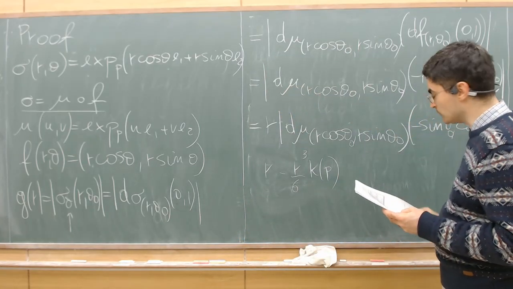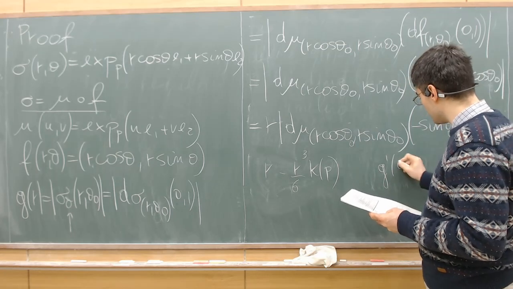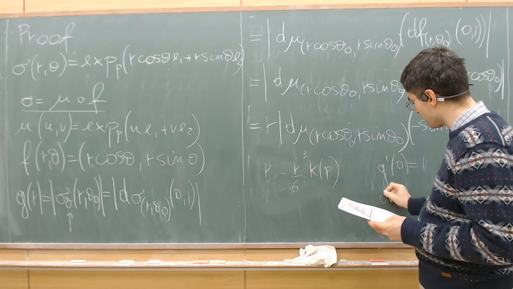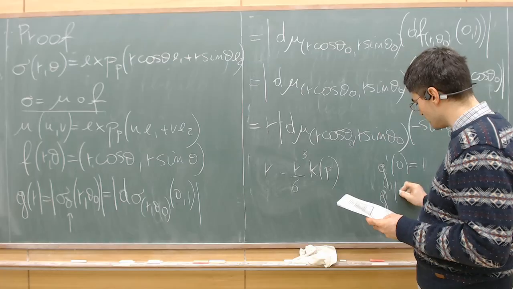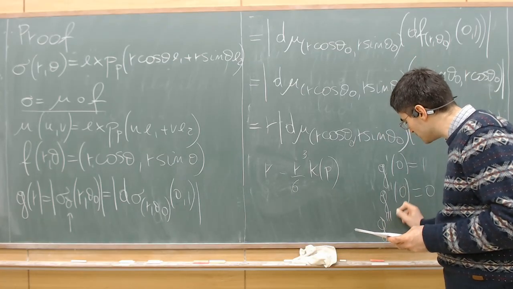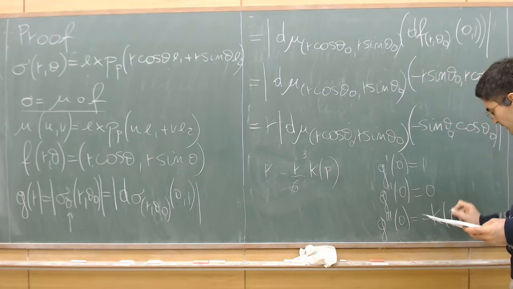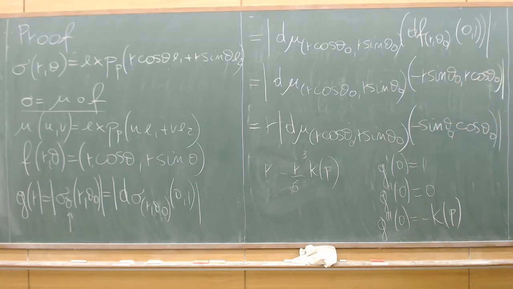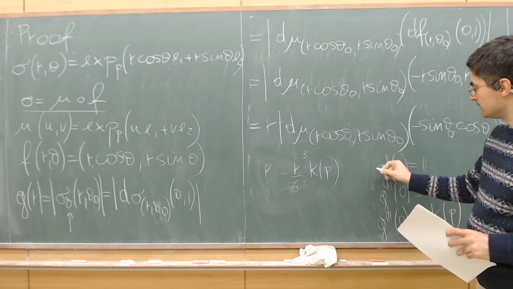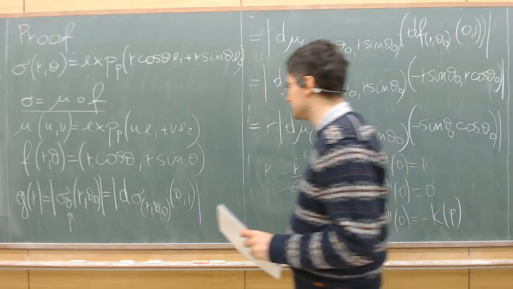That is, we have to prove that g prime at 0 is 1, g second at 0 is 0, and g third at 0 is minus the Gauss curvature at p. Okay, let's start with the first identity.